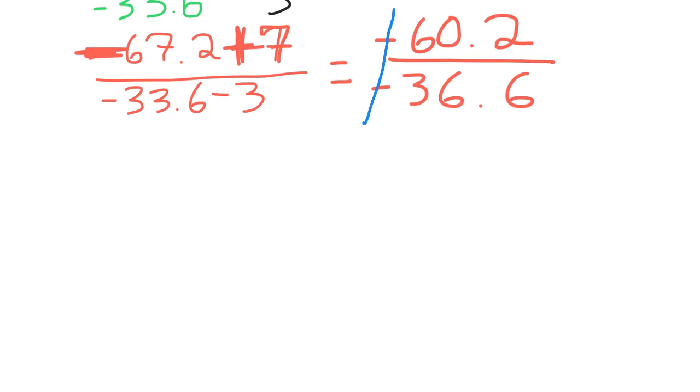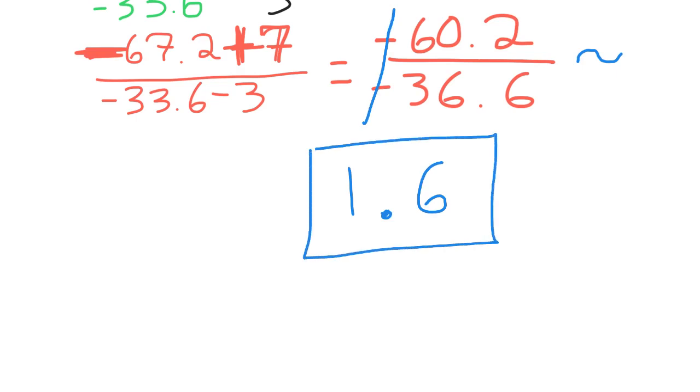Technically, we are allowed to write approximately, more or less, about 1.6. Because the 4 is 4 or lower, it keeps the 6 the same. That's how we round. And I'm going to put a box around that because that's my final answer.